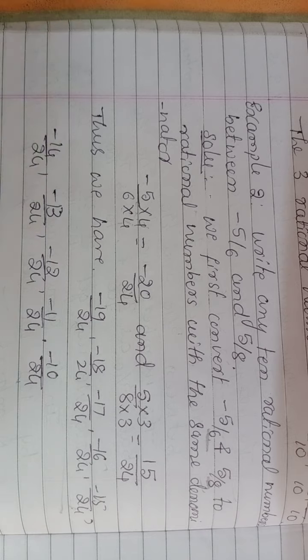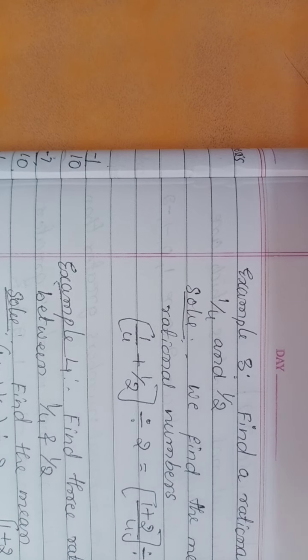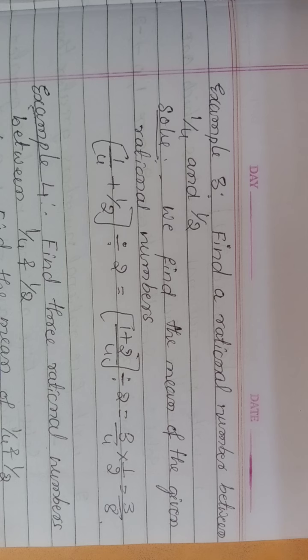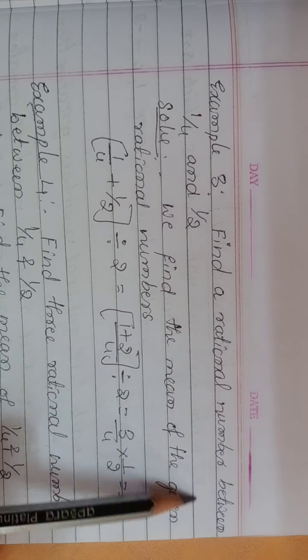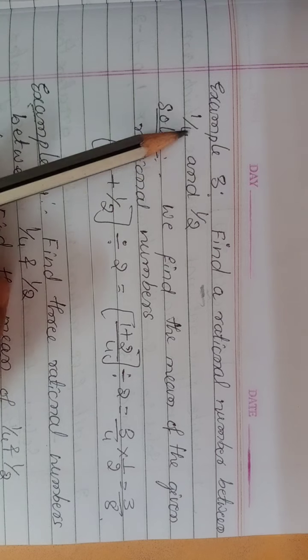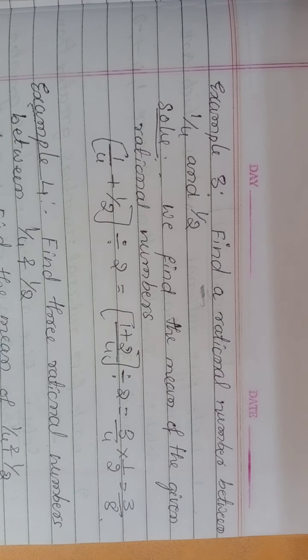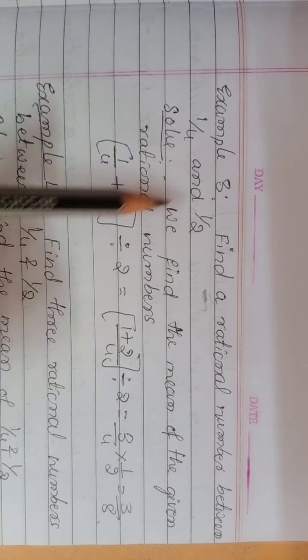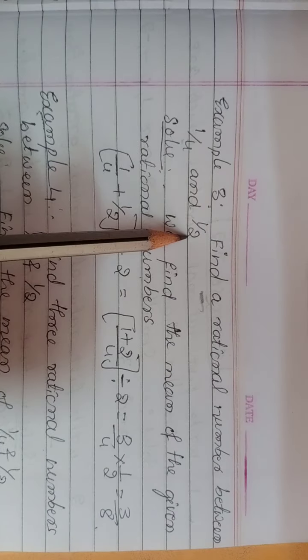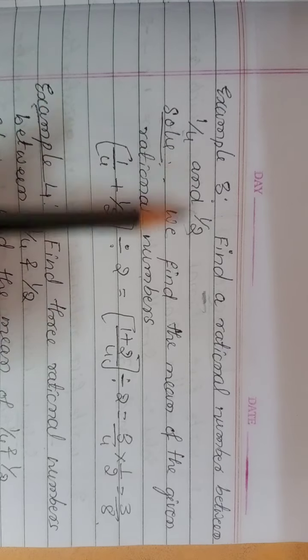Okay. There is one more method we can implement, children, to find them. What is that method? Finding the mean. By finding a mean, you can find the rational numbers. See, find a rational number, only one you have to find, between 1 by 4 and 1 by 2. This is the question you have. So take the mean of these. What is the mean actually? Sum of two numbers divided by the number of them. How many are there? 2.